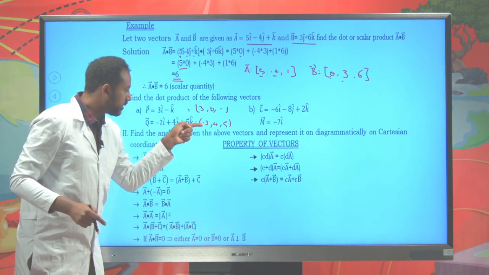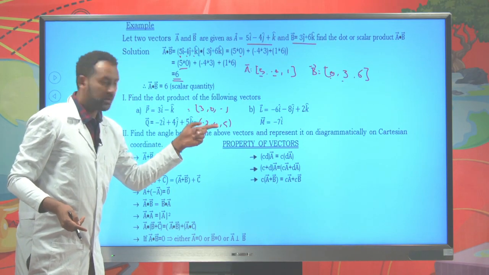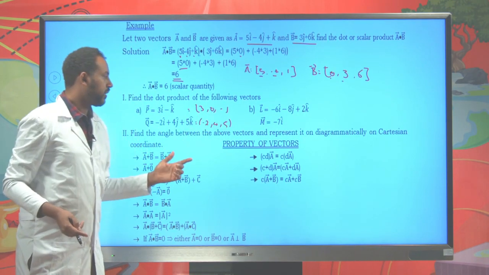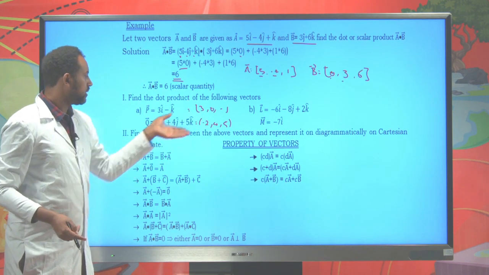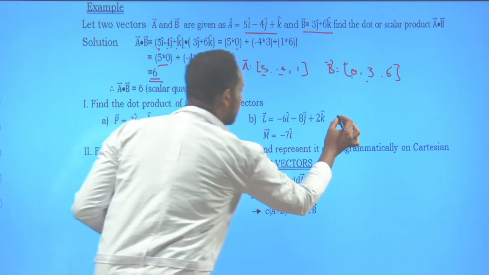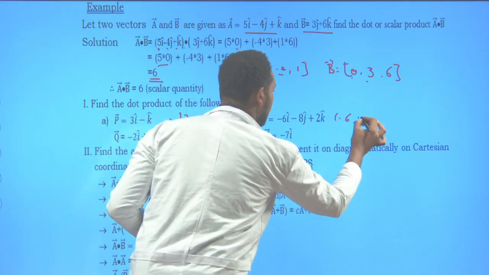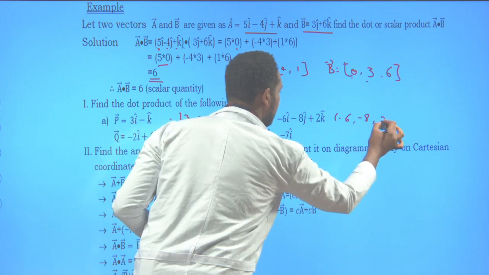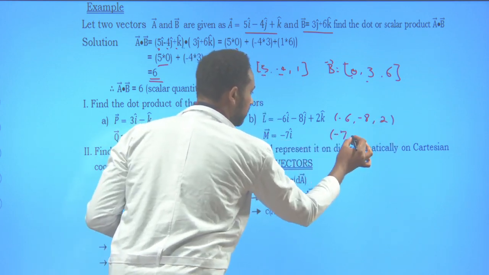Therefore, when you are trying to determine the dot product, you have to multiply the respective components. 3 multiplied by minus 2 gives you minus 6. 0 multiplied by 4 gives you 0. And minus 1 multiplied by 5 gives you minus 5. Therefore, this is how we determine, just add these. The same is true here. The components of vector L are minus 6, minus 8, and 2. And the components of M are only negative 7.